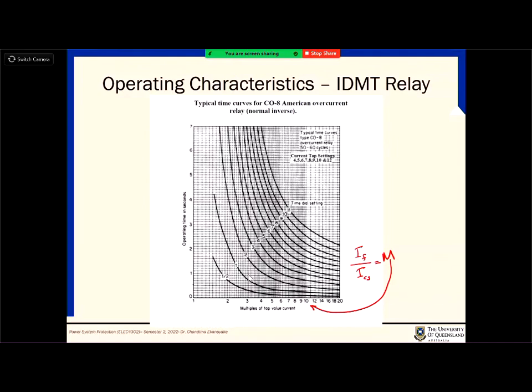That standard defines that when the current multiplier is 4 and the time setting is half, the operating time should be somewhere here. So using these sort of graphs, one can calculate the operating time.